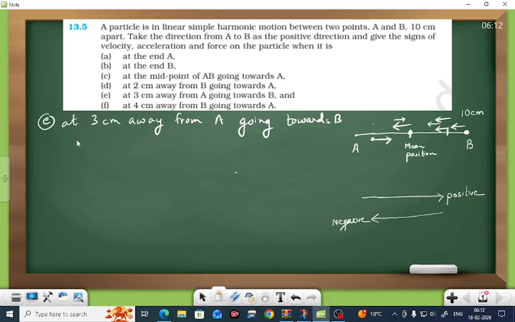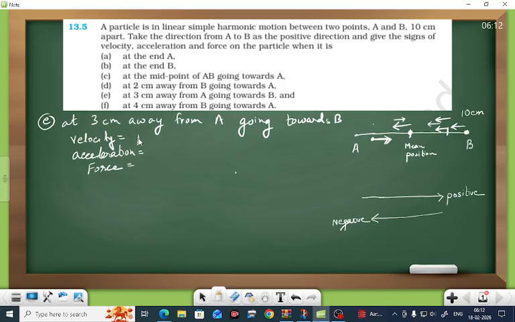Now what will happen? The direction of velocity, acceleration, and force. So you can find here that the velocity is in this direction, right? So the velocity is positive.